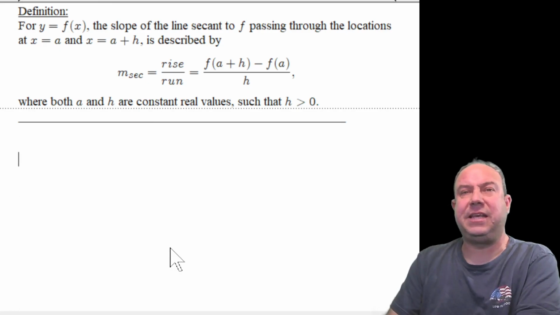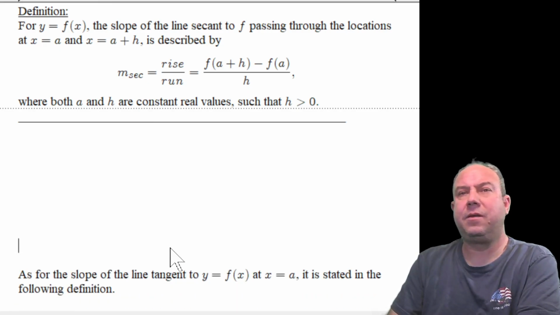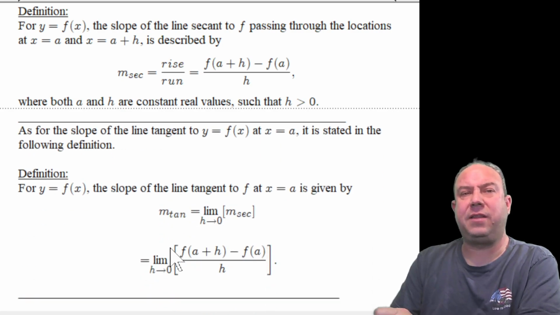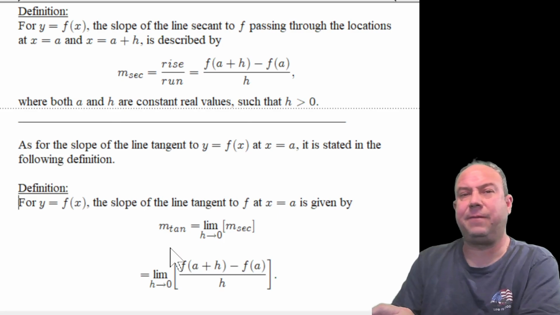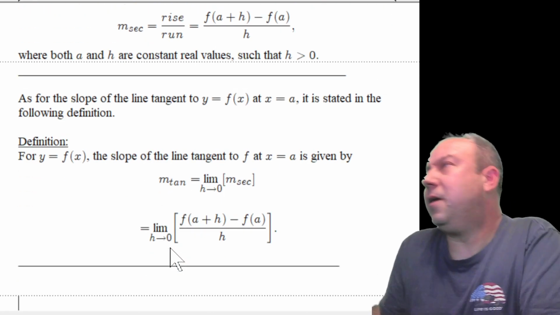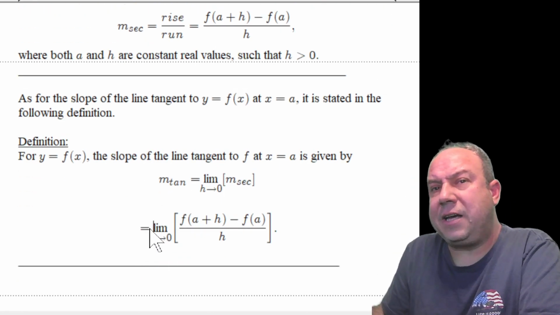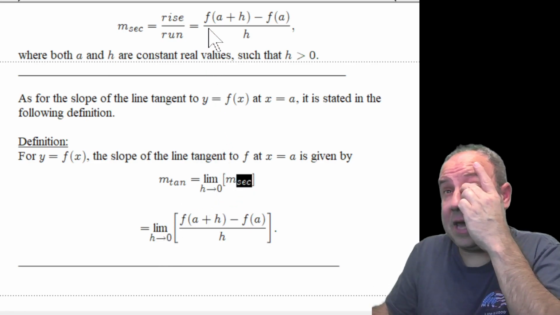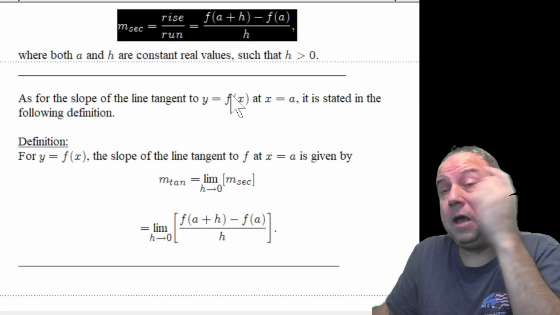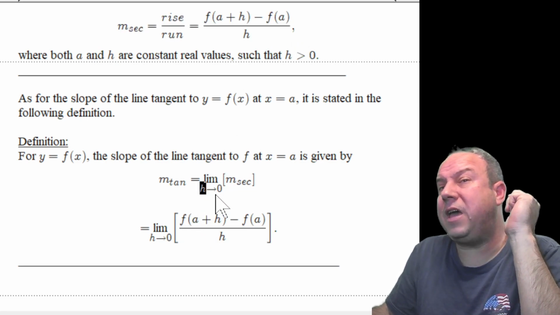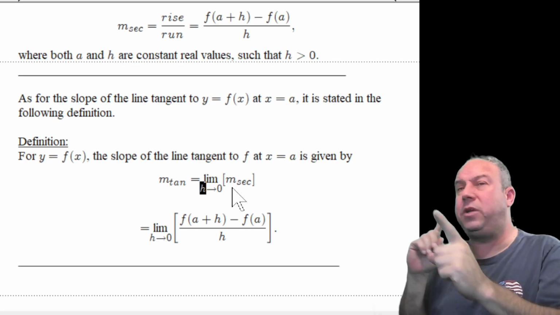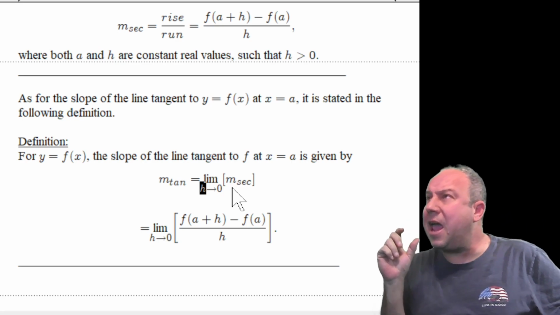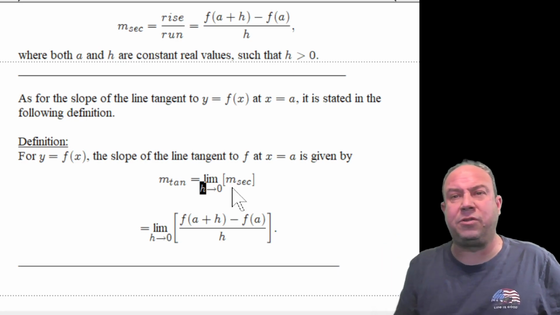For the slope of the secant line along a function. But here is what I want to illustrate. This is where we're going to get the slope of the tangent line. As for the slope of the tangent line, we're going to take that slope of the secant line calculation that we have above right here, and allow that value of h, that horizontal distance between our two locations of secant behavior, to approach 0.